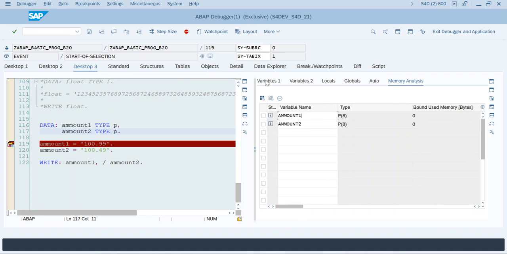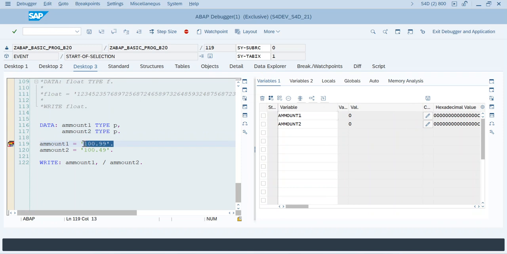So now observe carefully, guys. This is 100.99, right? 100 decimal place 99, something like that, and the below one is 49. This is greater than 50 in the decimal place, but this one is less than 50, right? Whenever I execute this, you see what is happening. It rounded off the value to the next possible number, right? Yes or no, please? Yes, sir. So now you see it is less than 0.50.